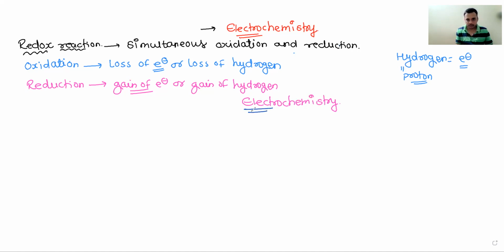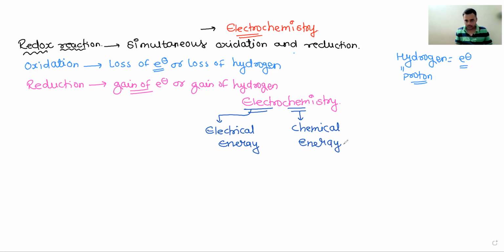Electro is related to electrical energy, and chemistry is related to chemical energy.